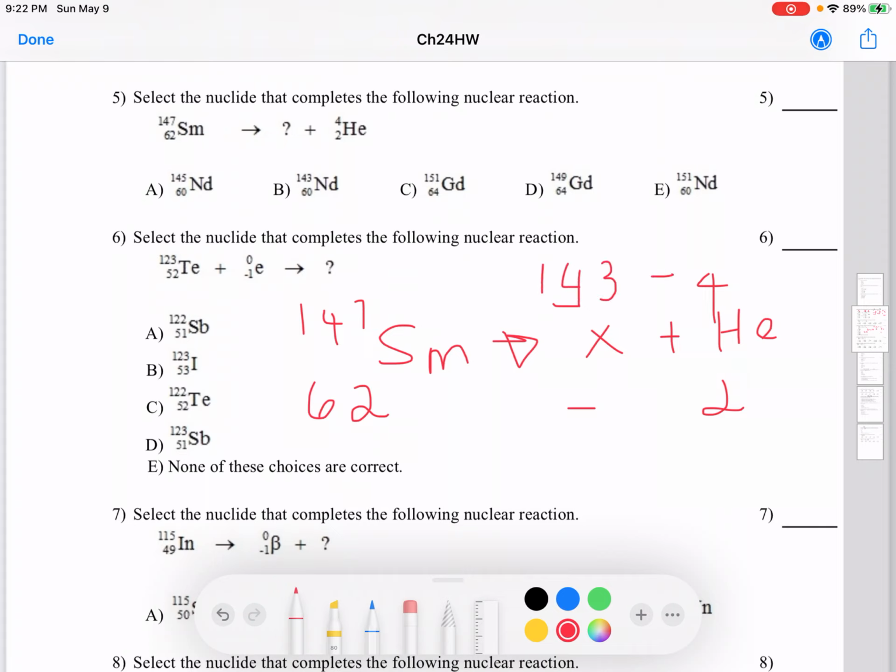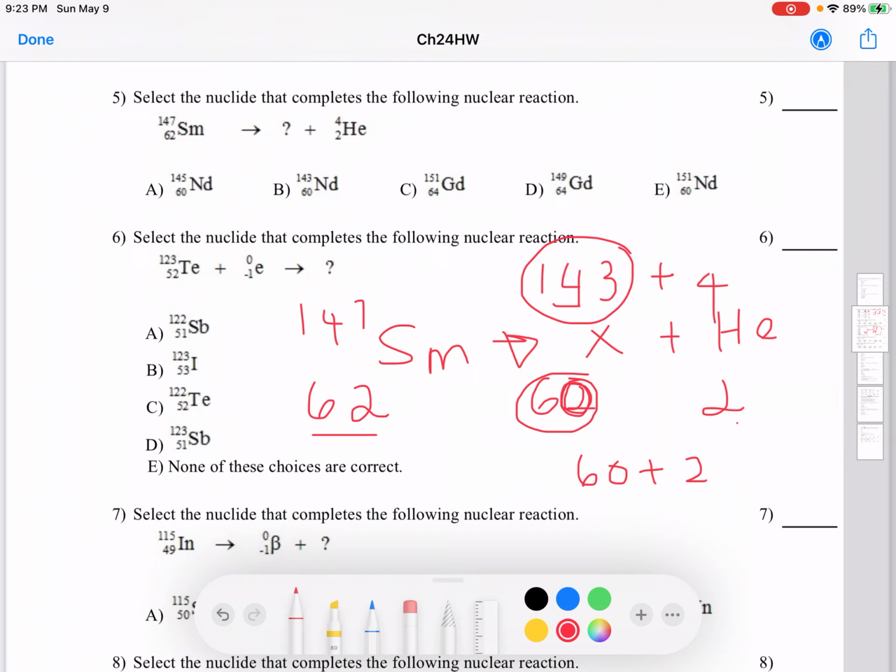And samarium is 62, and here you have 2, so this should be 60, because 60 plus 2 should equal 62. So you need to figure out which one has the mass number 143 and number of protons, or the charge, 60. Okay, 143 and 60.